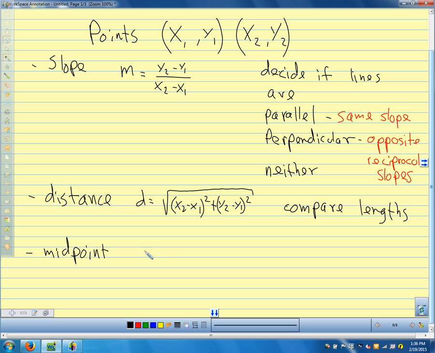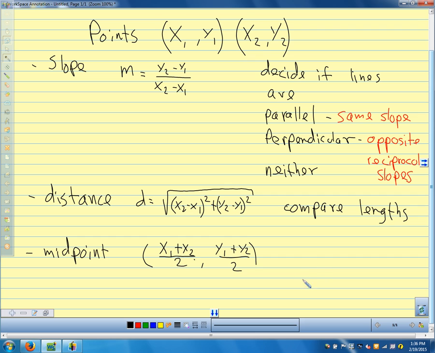And we'll use our midpoint formula: x1 plus x2 divided by 2, y1 plus y2 divided by 2. So that finds the midpoint between these 2 points.